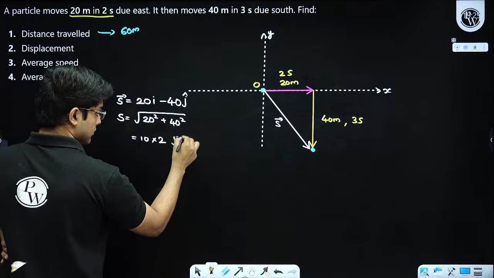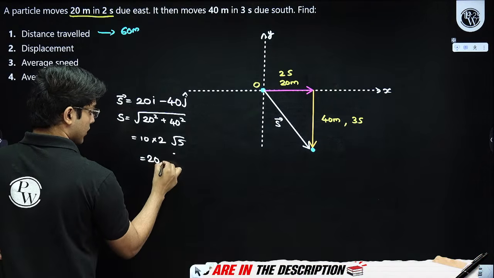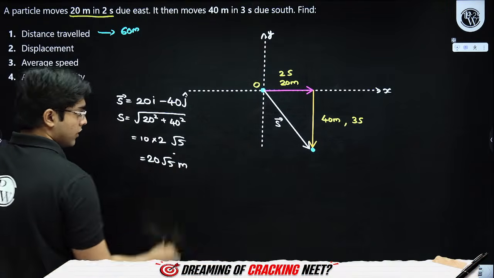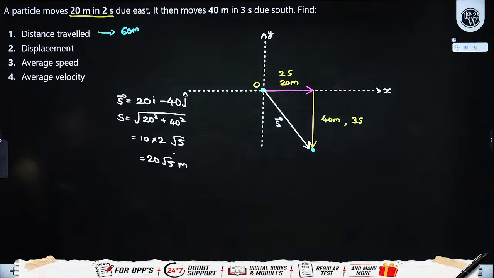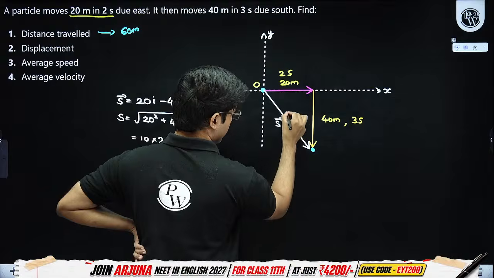So root 5. So this is 20 root 5. What are the units? Meters. 20 root 5 meters. So the length is 20 root 5.